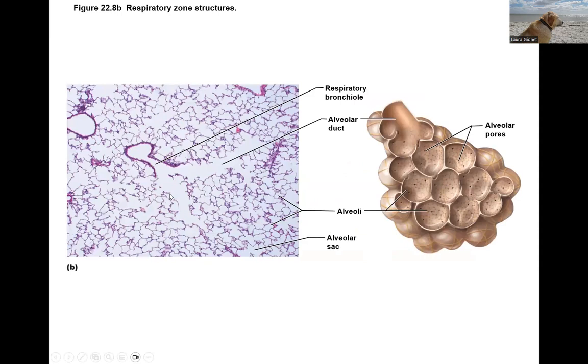Right over to the left-hand side here, this is histologically what it would look like. From a distance, it almost looks like adipose connective tissue, that honeycomb kind of appearance, maybe chicken wire.